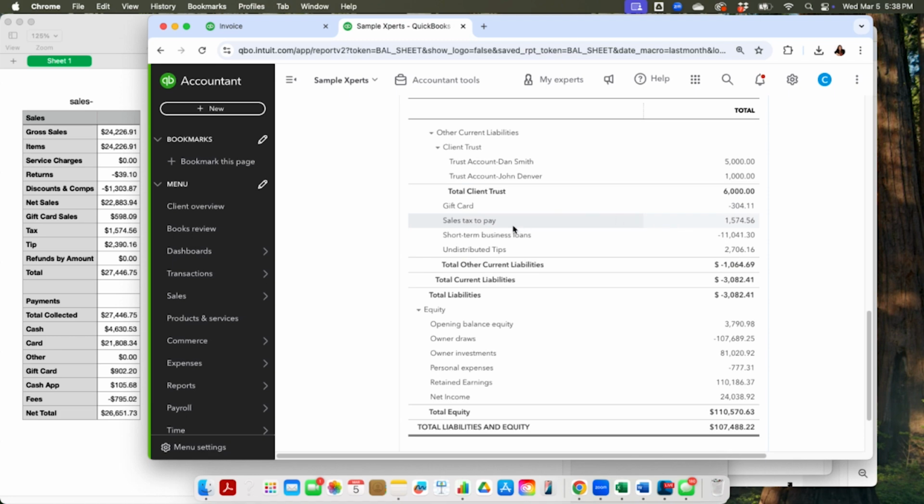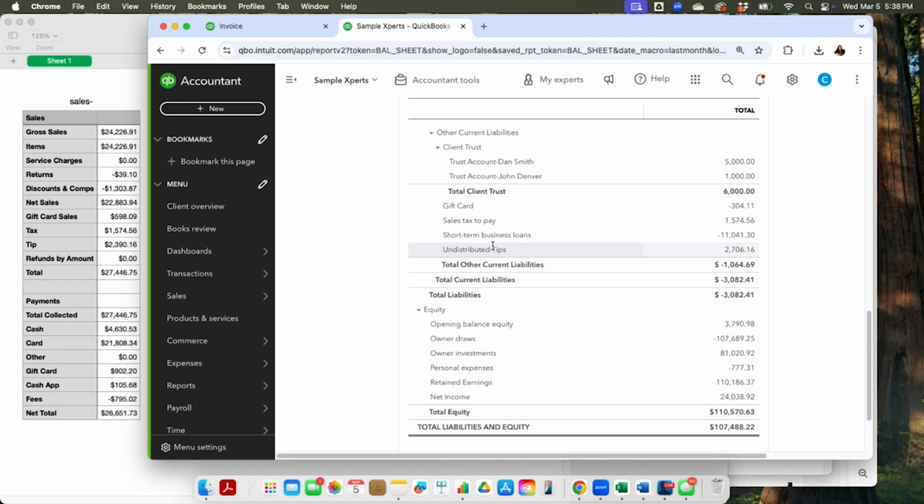Or sometimes what you got to do is just do a journal entry or a transfer, either one works. With a journal entry, you're going to debit sales tax to pay and credit the bank account for that amount if you pay it exactly, and then you're going to match it in the bank account so that you can eliminate this sales tax liability.